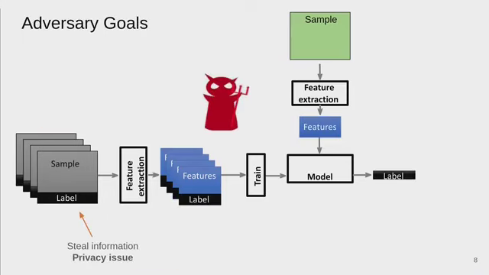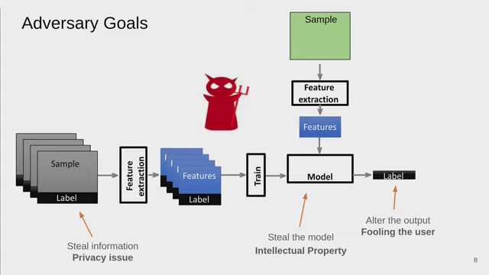Steal information, the privacy issue that we had before, steal the model, intellectual property, or alter the output to fool the doctor, for example, to stay longer in the hospital. So I think we had all of these main areas covered, and all of them have different implications. So there's a lot of potential adversaries that we have to protect against in this environment.